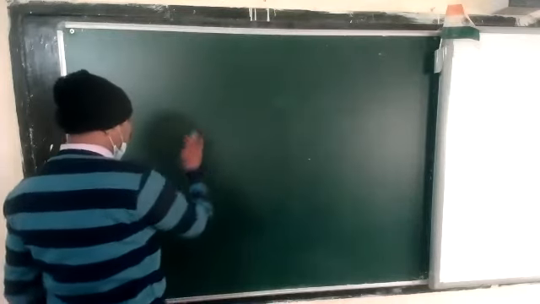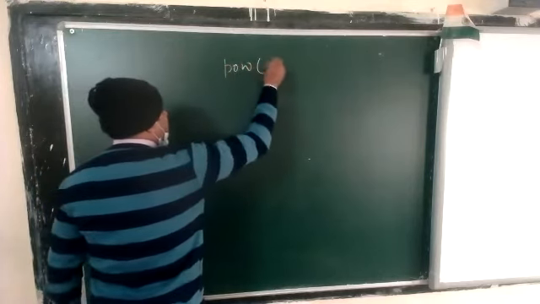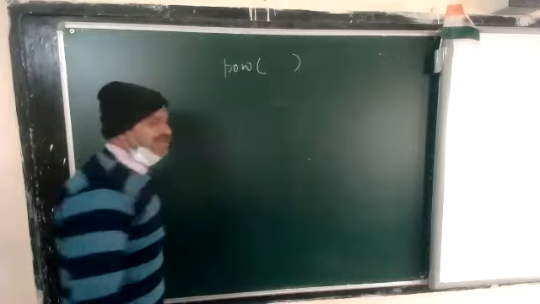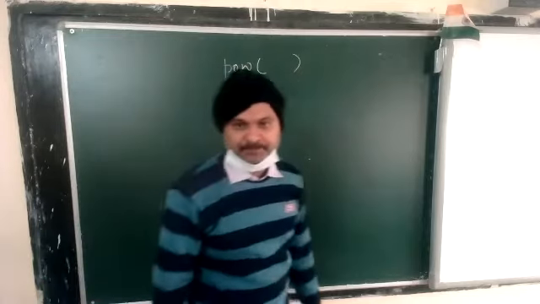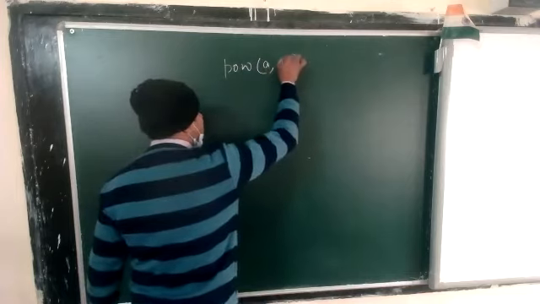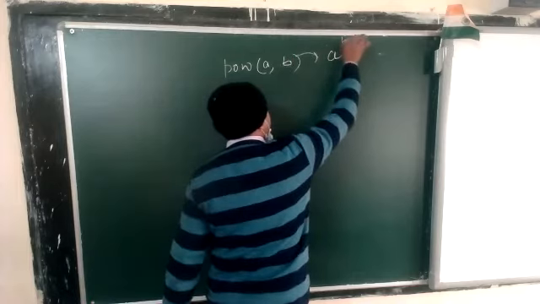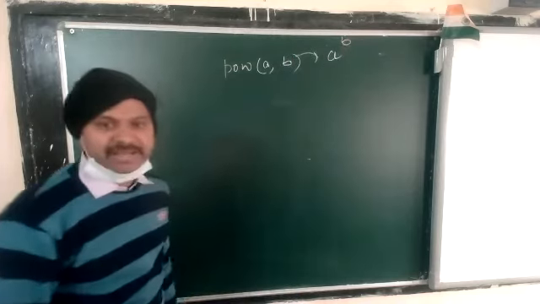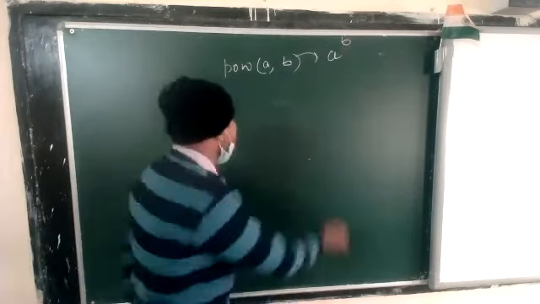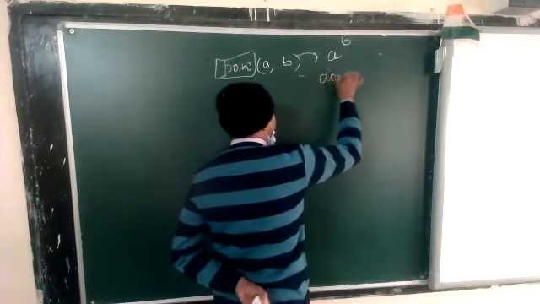For example, the power function. This power function contains two parameters, for example a and b. It works like a to the power b. And the return type of this function is double.